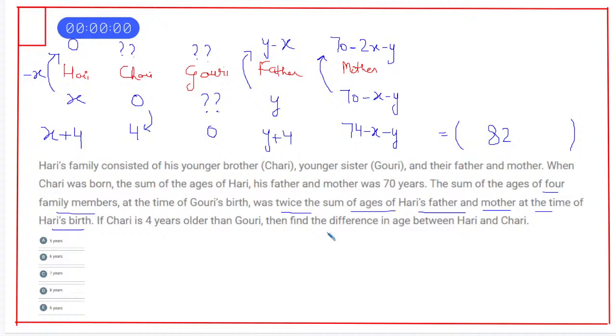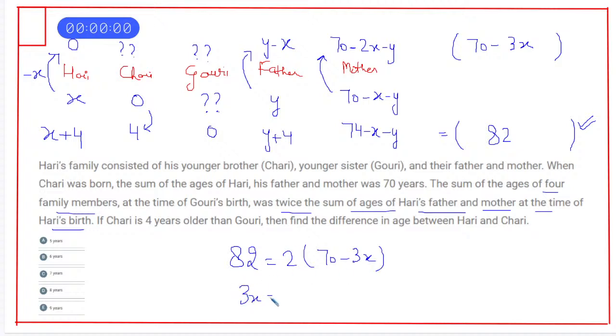At this particular point, the sum was twice the sum. Now, what is the sum here? The sum of father and mother is 70 minus 3x. So we can say that the 82 sum is twice the previous information, so we can say 41.